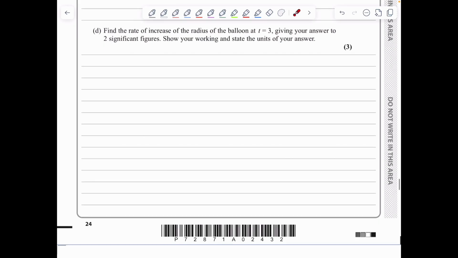And in part d, we need to find the rate of increase of the radius of the balloon at t is 3, giving an answer to two significant figures. We also need to state the units of our answer, where we already know that dV/dt is 900 over 2t plus 3 squared, and dV/dr from part a, we found this to be 4 pi r squared.